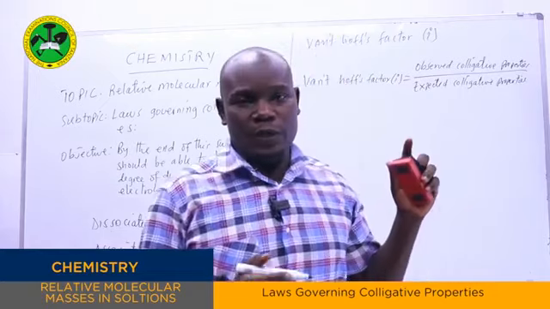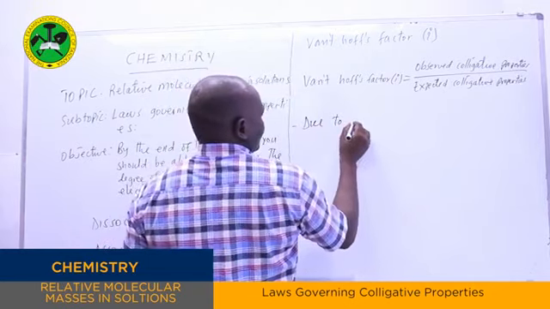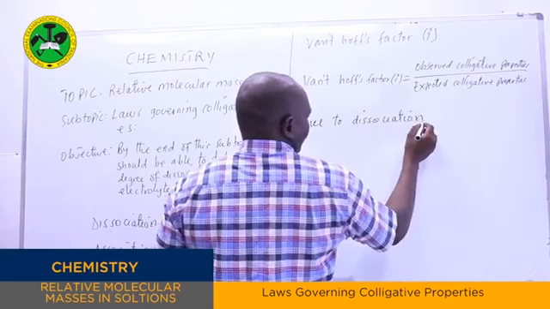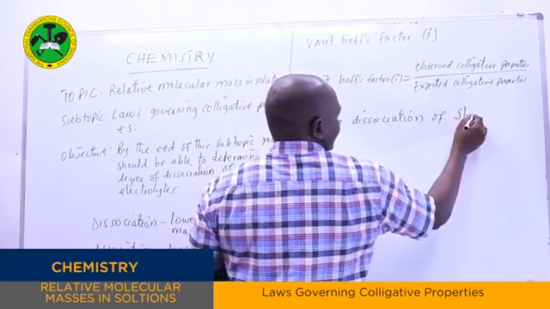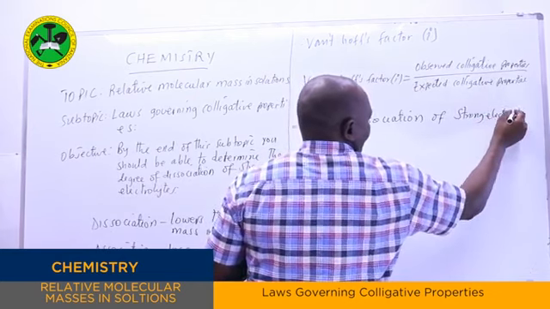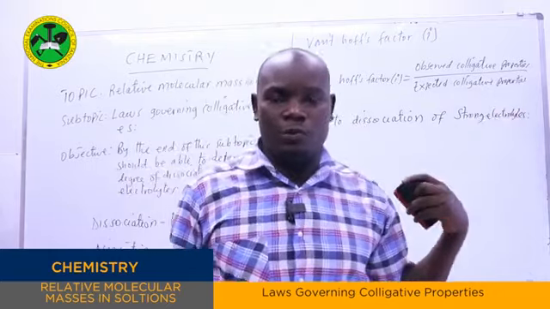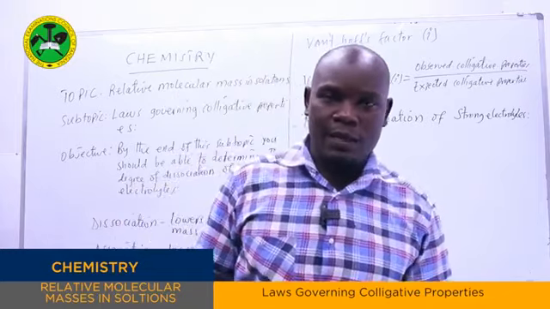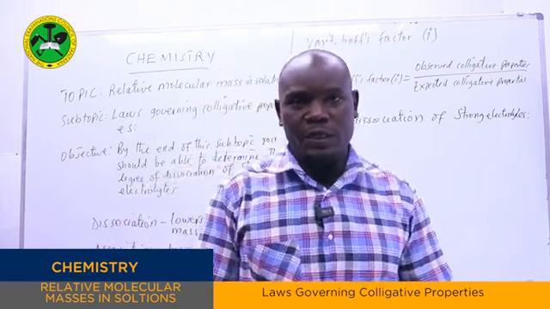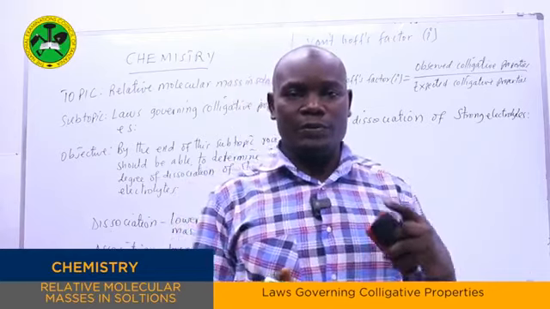Now, for dissociation of a strong electrolyte, the Van 't Hoff's factor is determined by taking the total number of moles or particles after dissociation divided by the total number of particles before dissociation.